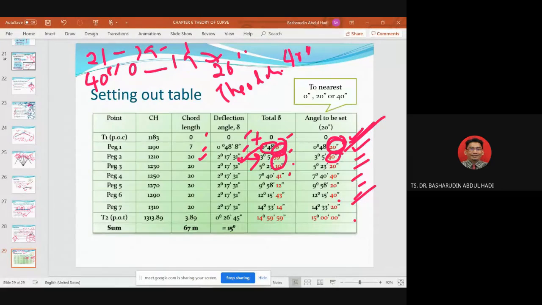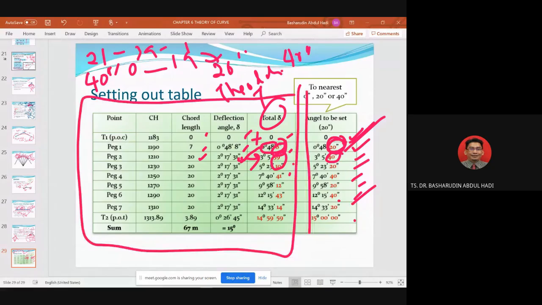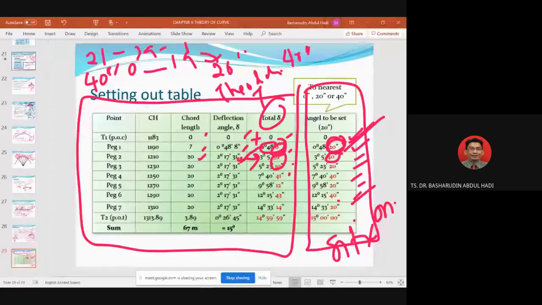This one is the total angle, this one is the theory part, and this one is the on-site part. Okay, until you finish and the angle you set is 15 degree 0 minutes 0 second. That's all from me.